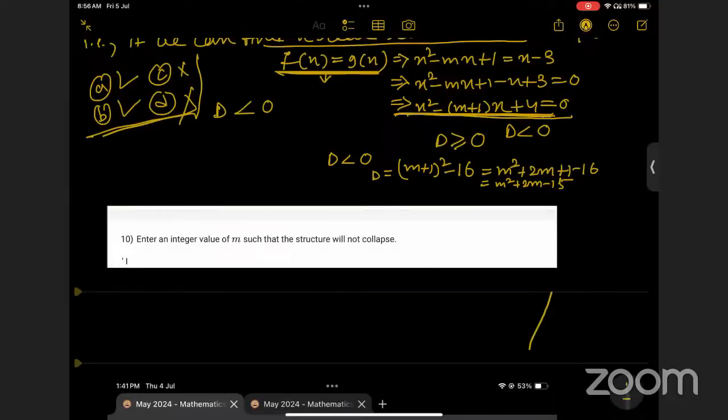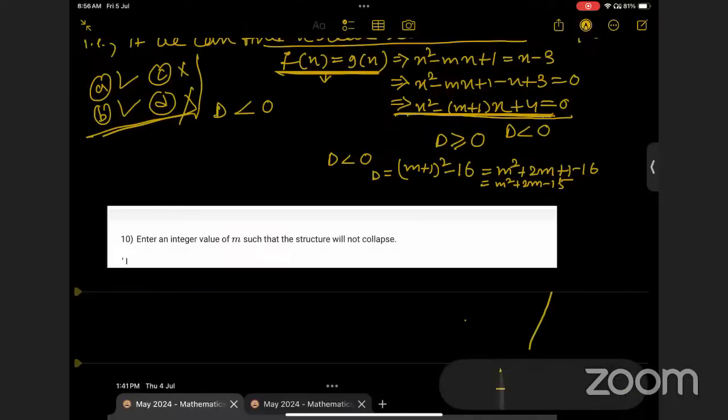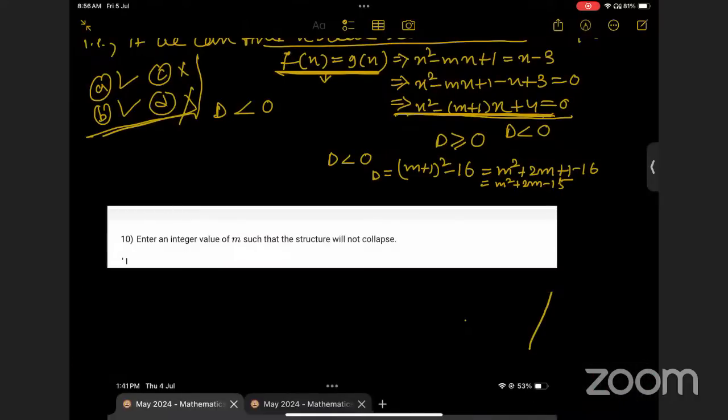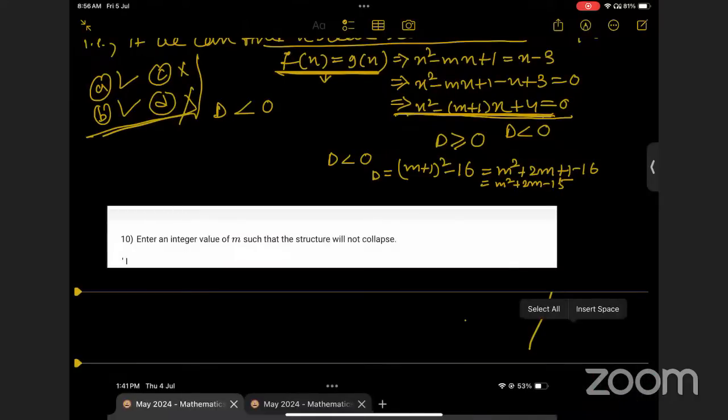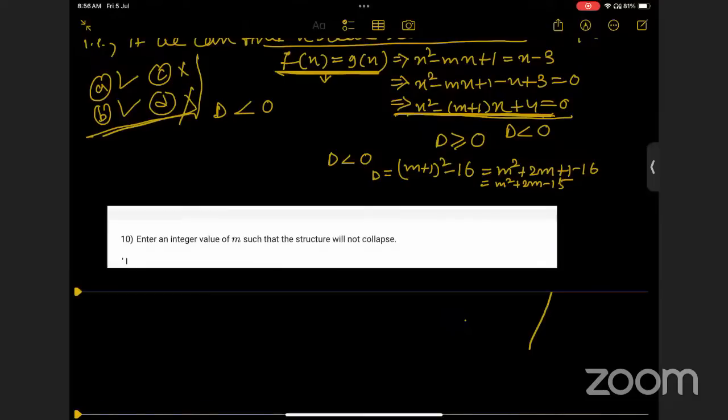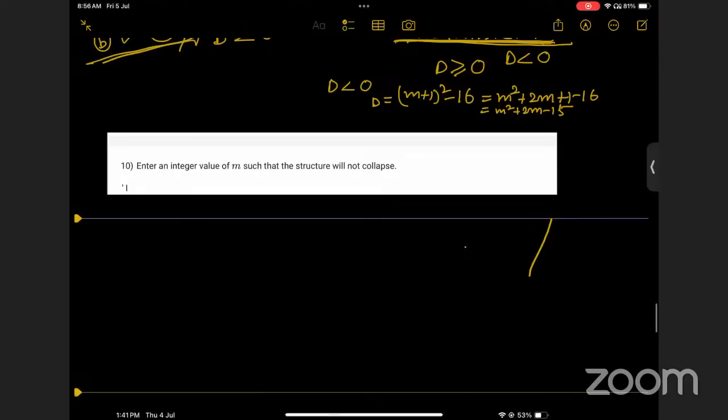If we find the roots for this function, m squared plus 2m minus 15 equals 0, what will be the roots?